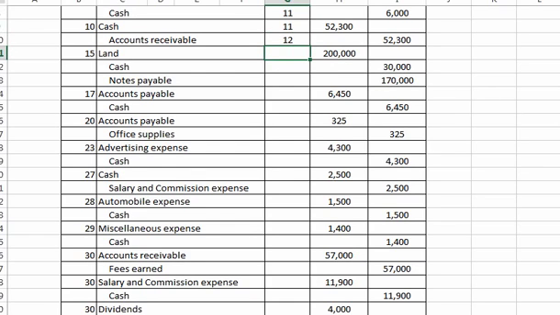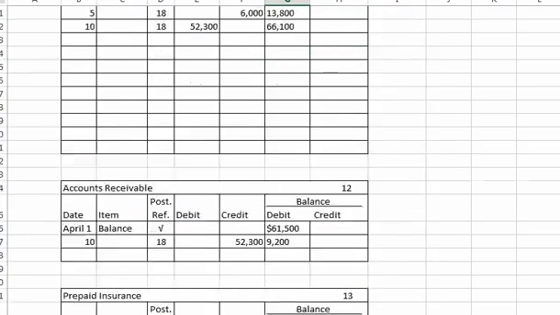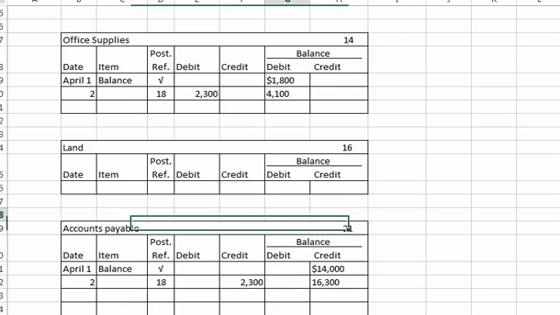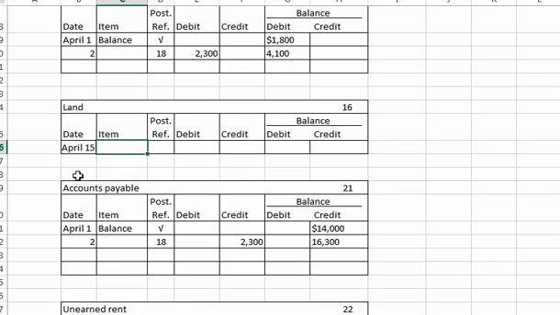Okay, we have a debit to land on the 15th for 200,000. This one's a little different. No entries, no beginning balance, so we'll put in April. And the date here was the 15th. We put in April 15th.